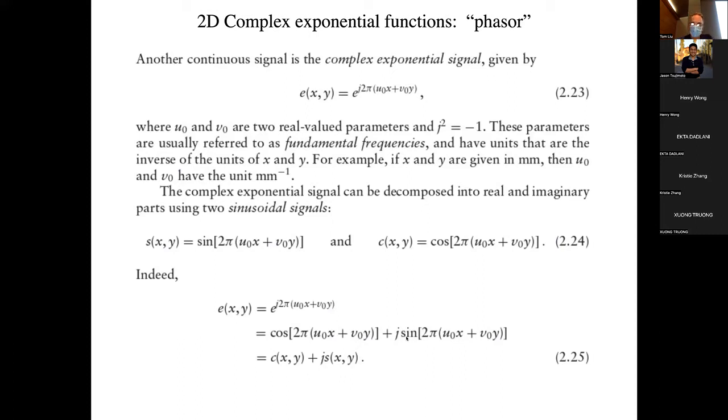And just as we looked at this function just now, we can compose, using Euler's equation, an equation for this phasor by adding the cosine and adding the sine with a j in front of it. Then we get this very compact notation for how you describe a phase change as a function of position in x and y, okay?